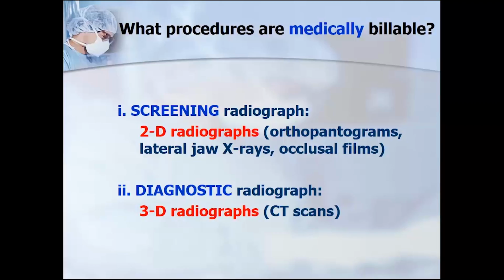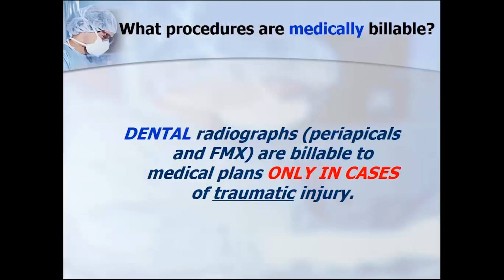They can be limited to a specific area, limited to a specific quadrant or side, or they can be full maxillofacial CT scans going from one TMJ to the other, all the way up to the base of the orbit and down to the lower border of the mandible.